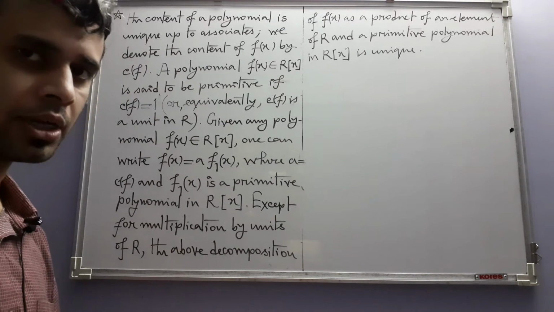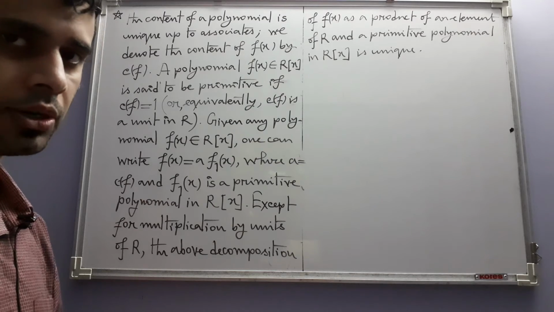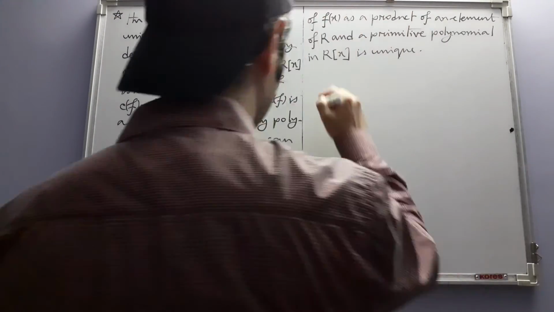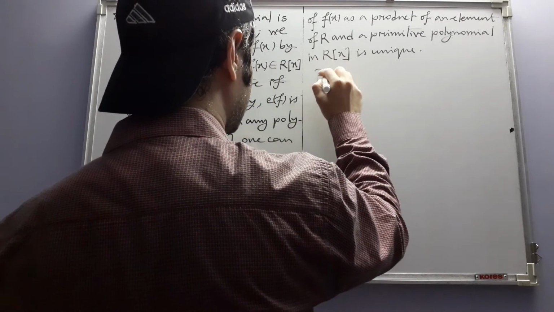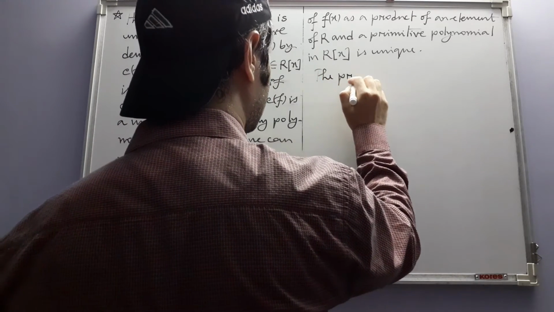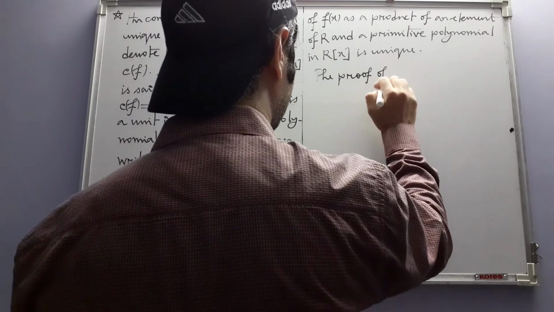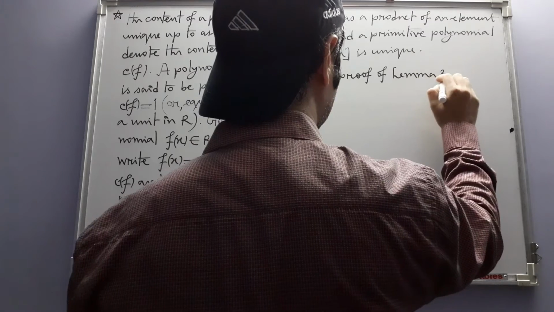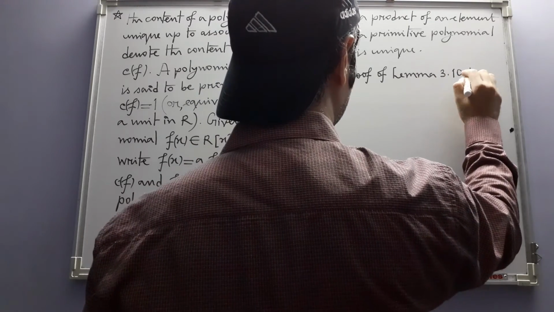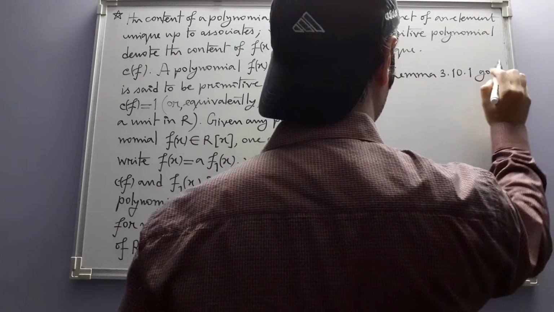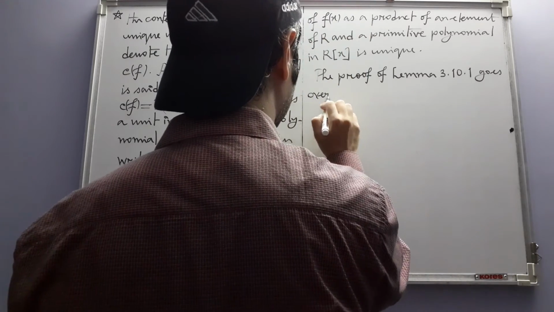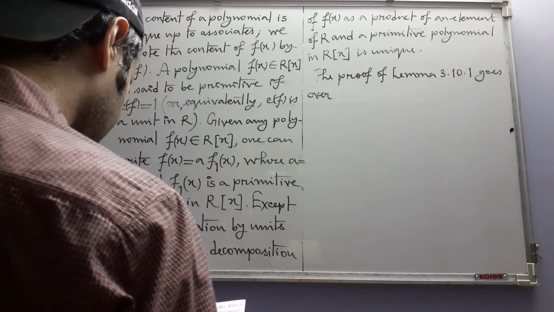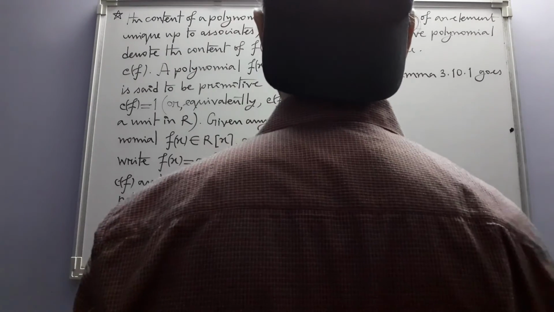It has to be replaced by a prime or irreducible element in our case. That is the only difference. So we will write like this. The proof of lemma 3.10.1 goes over completely to our present situation.